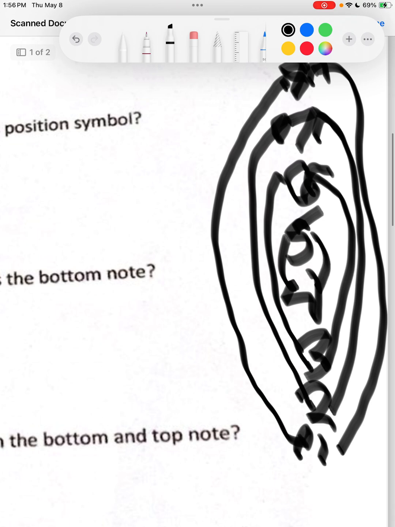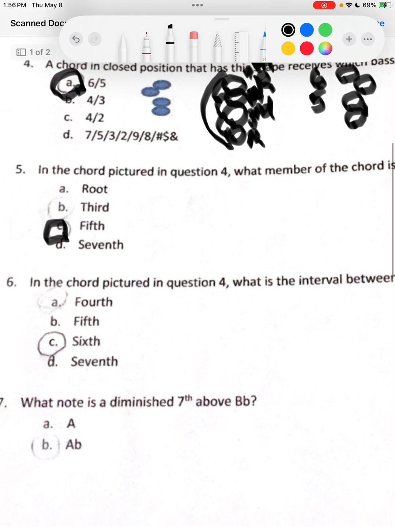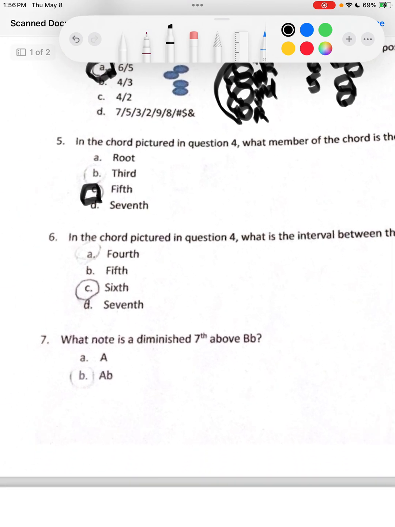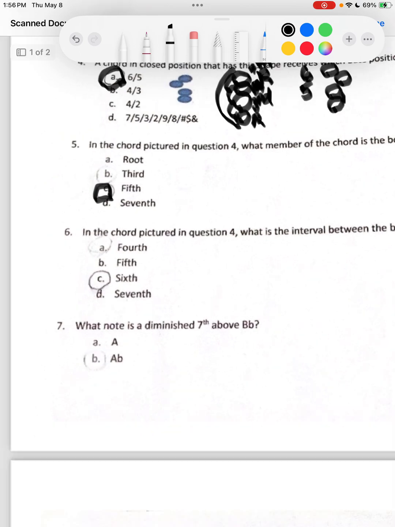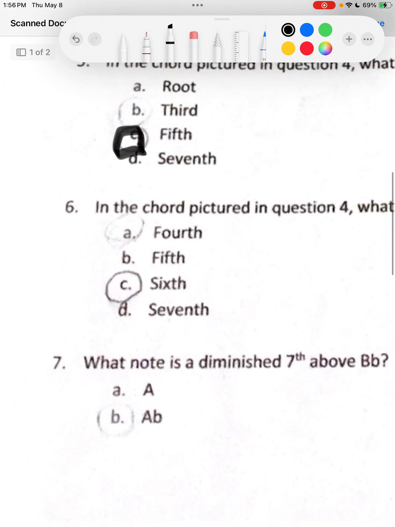And boom, boom, boom, and there we go. That is just a little extra. That's not a part of it. In question 4, what is the interval? Okay, that's a 6. Yeah, that's a question.